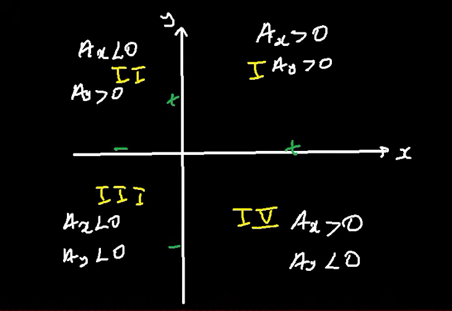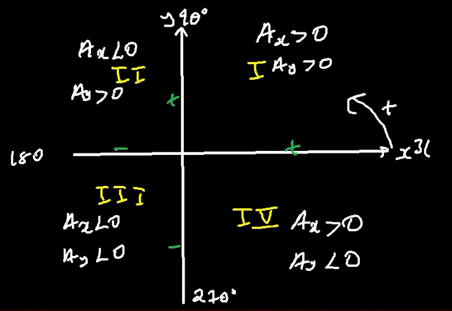Keep that in mind. And you should also understand that angles can be measured in a clockwise as well as anti-clockwise direction. If the angles are measured in an anti-clockwise direction, they are given as positive angles. So we move in an anti-clockwise direction: this is 90 degrees, this is 180 degrees, this is 270 degrees, and this is 360 degrees.